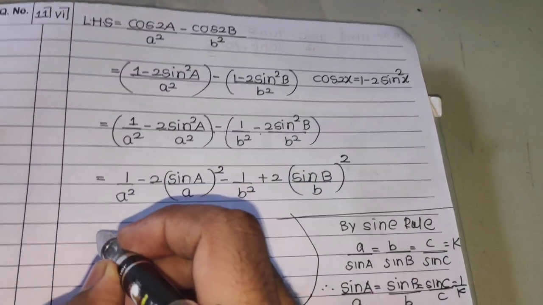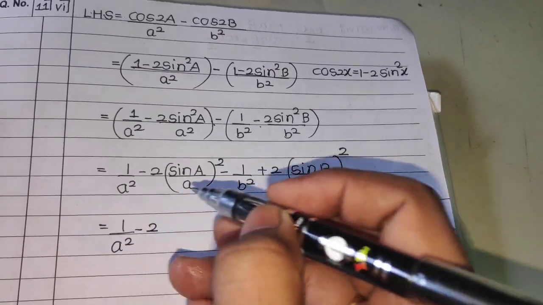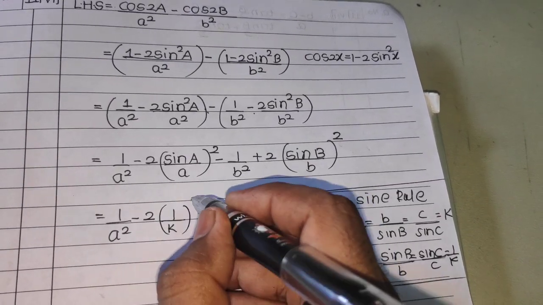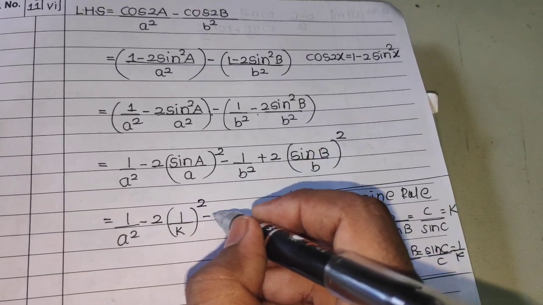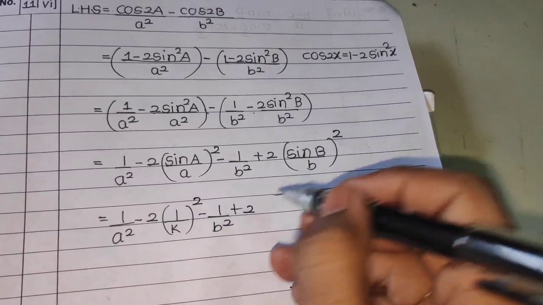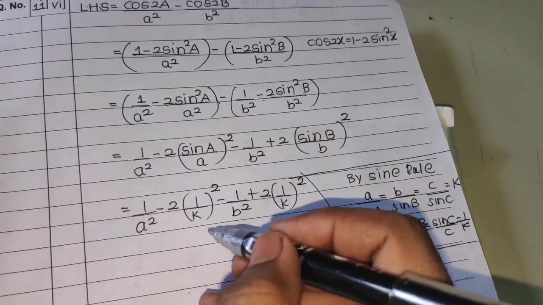So, watch. 1 upon a square. Now what is sin a upon a? That is say 1 upon k square, minus 1 upon b square. Now what is sin b upon b? 1 upon k square.